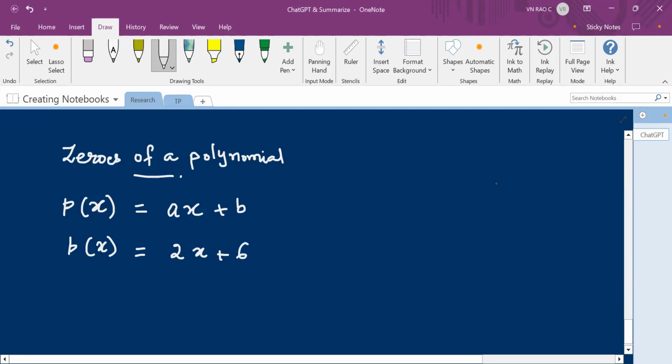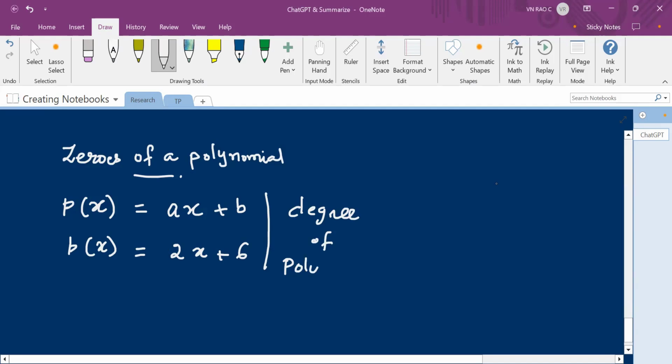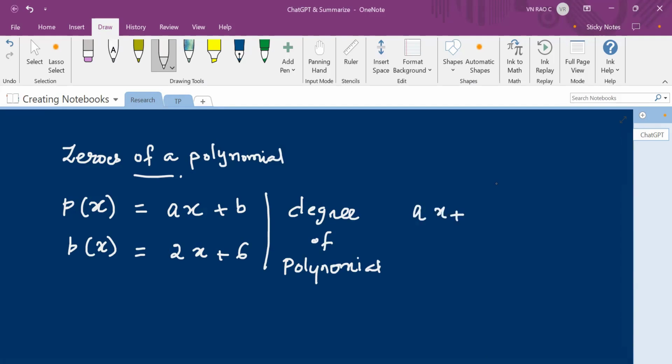As you can see, what is the degree of the polynomial? How do I find the degree of a polynomial? If I write ax plus b, this is nothing but ax power 1 plus b.